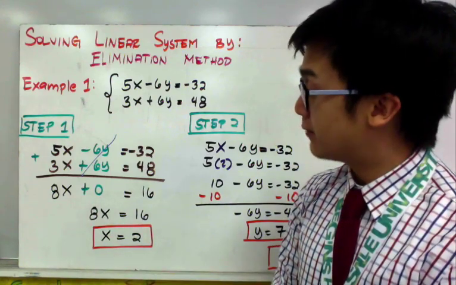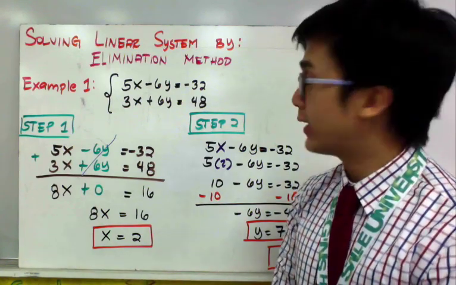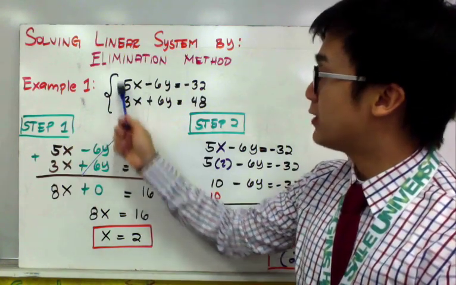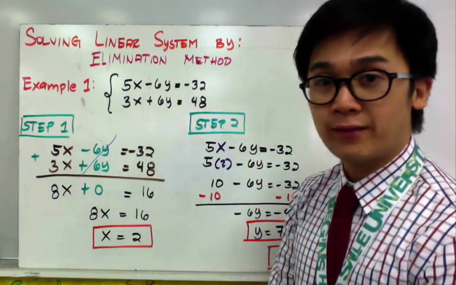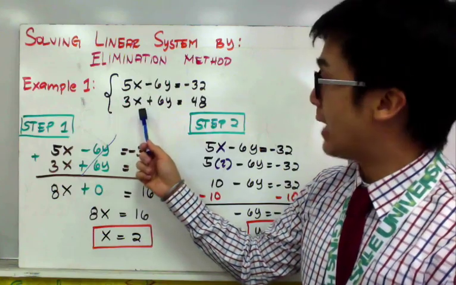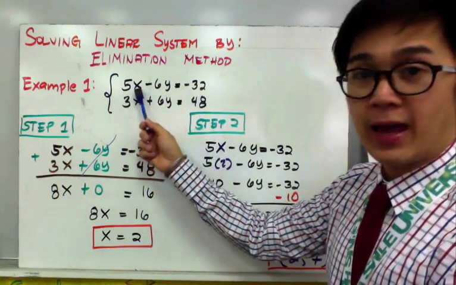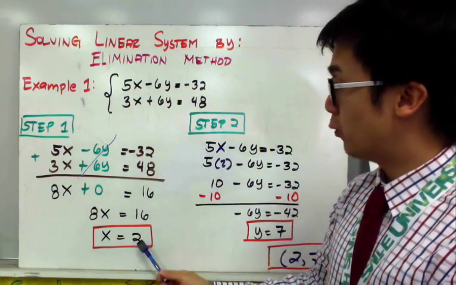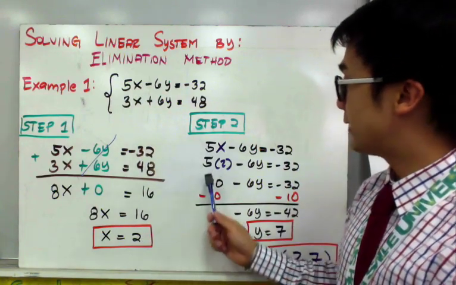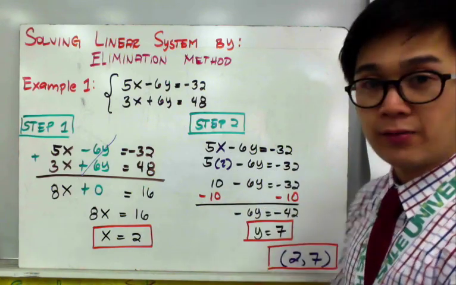Now that we have the first coordinate of our solution, x equal to 2, we can use either of these two lines to find the value of y. In my first example, I'm using line 1 and replacing the x variable by 2, which we found in step number 1, leaving us with 5 times 2 minus 6y equal to negative 32.